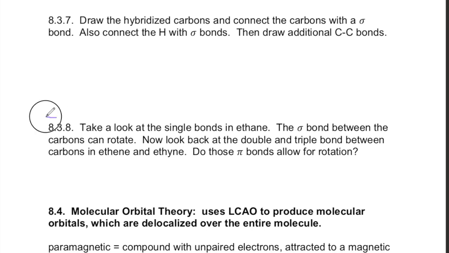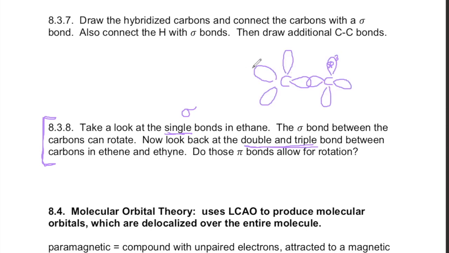So maybe we should look a little bit at what's in your textbook so that we can review those drawings and compare a single bond versus a double and a triple bond. But hopefully when you take a look at some of these pictures, or if you draw one yourself, you can see that the single bond, it's a sigma bond, and so there is some overlap in the middle, and so it can rotate.